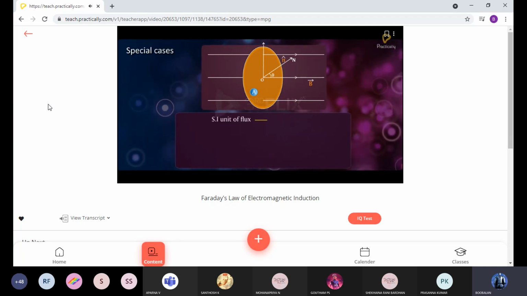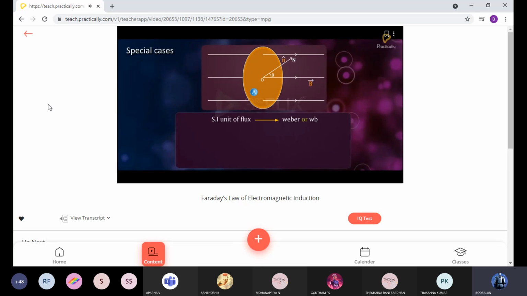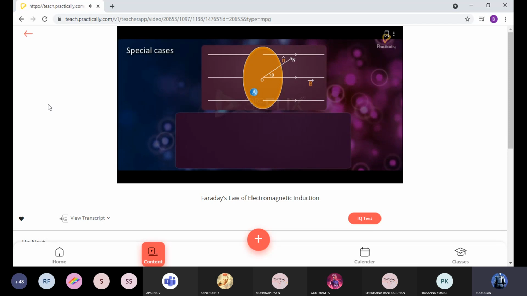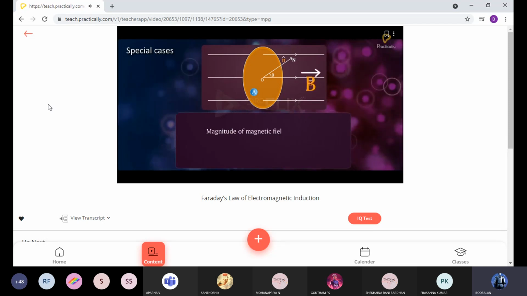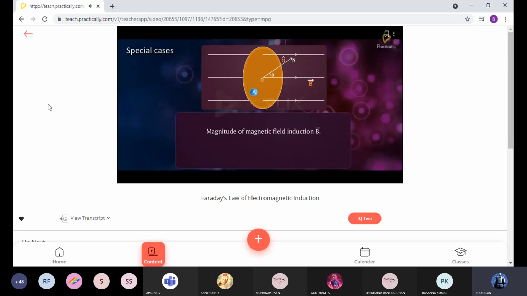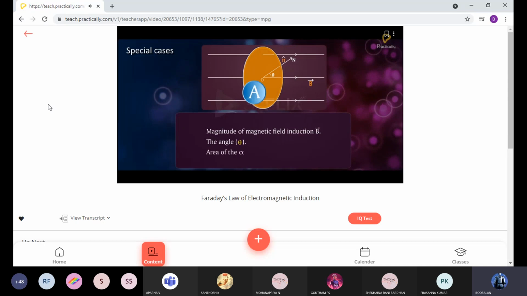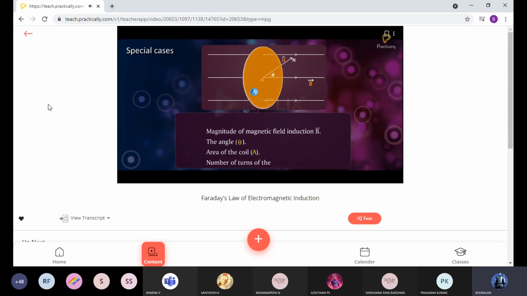SI unit of flux is Weber, or Wb. The flux through the coil can be altered by changing the magnitude of magnetic field induction B, the angle theta, the area of the coil A, the number of turns of the coil N.